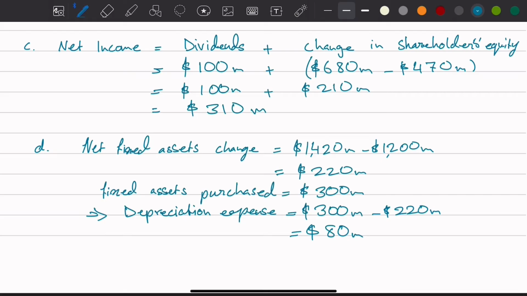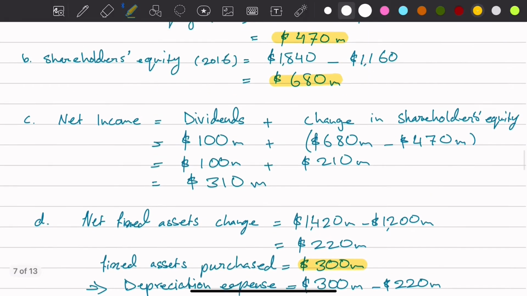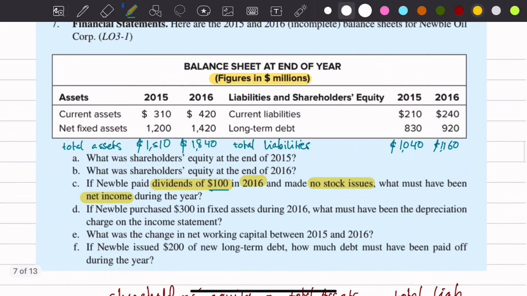The company has purchased equipment worth 300 million. So if we neglect depreciation, what should happen? What should happen is that this account, the net fixed assets, will be increased from 1,200 million to 1,500 million, right?